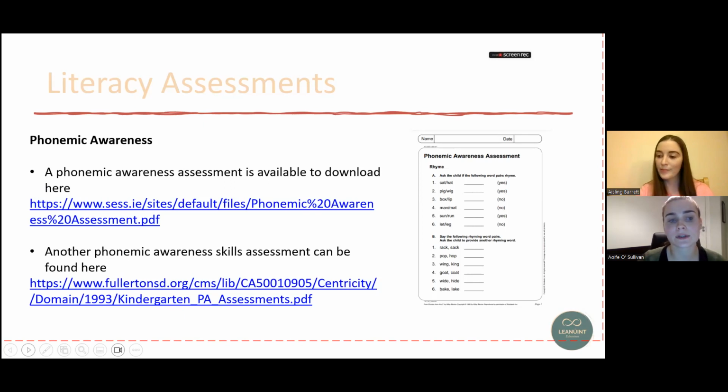The idea of providing all of these links and assessments is for you to look at them and decide which one you think is most appropriate to support your pupil, as the support and the assessment will vary based on the class level of the child and their strengths and weaknesses in relation to reading.